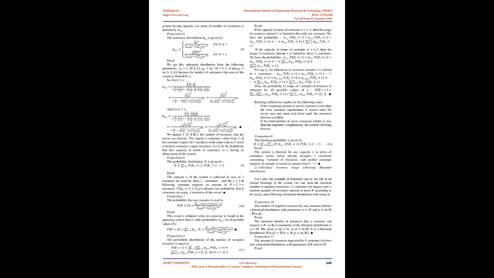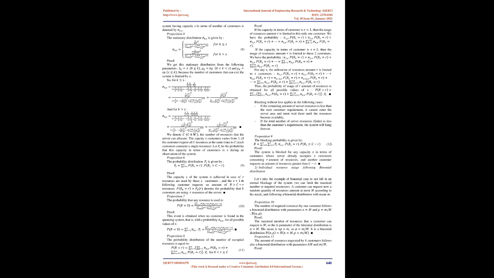Resource usage by customers is a random variable also following the Poisson distribution with parameter. Proof. The sum of independent Poisson random variables is a random variable following Poisson distribution with parameter equal to the sum of parameters. On the other hand, the total amount of occupied resources is additive, the sum of the resource amounts used by each customer.